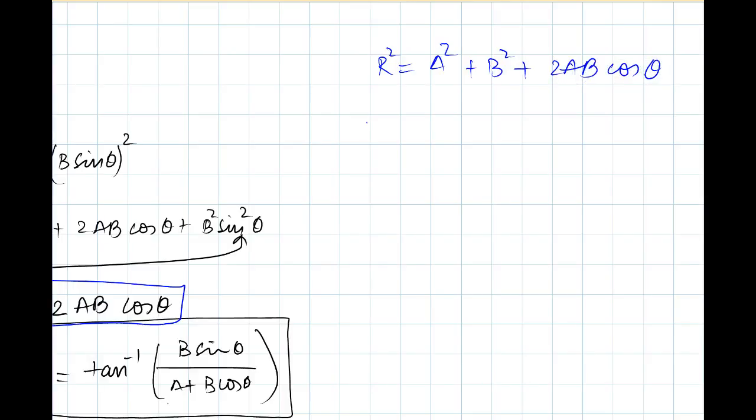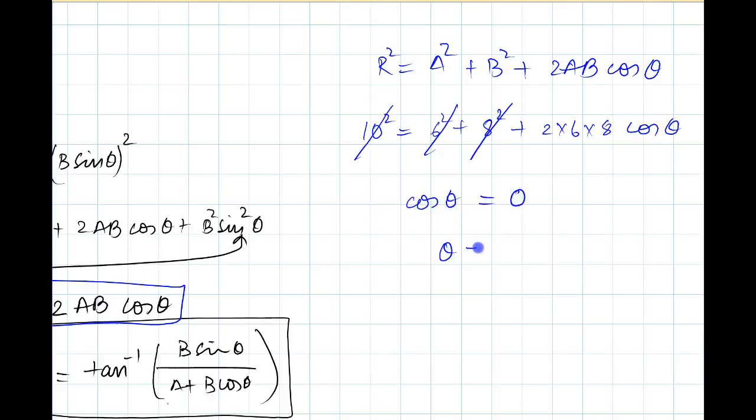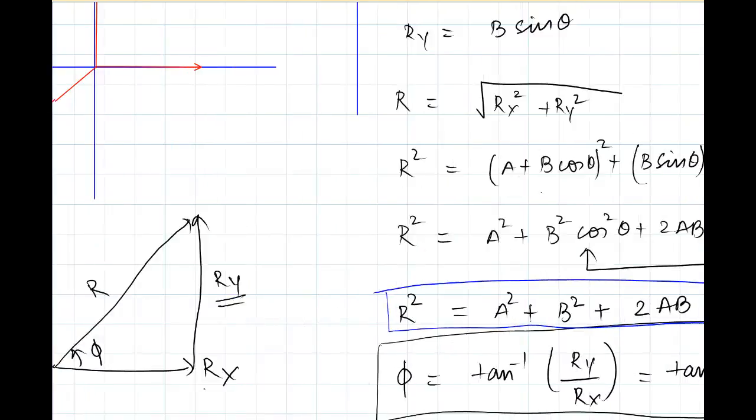In this case, 10 square must be equal to 6 square plus 8 square plus 2 into 6 into 8 cos theta. Clearly 10 square, 6 square and 8 square will cancel each other, which means that cos theta must be equal to 0, or theta must be equal to 90 degrees. Fair enough? That's the solution for question number 2.